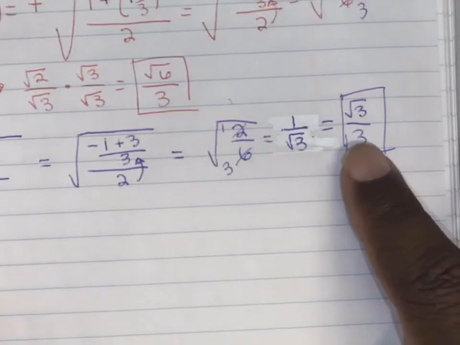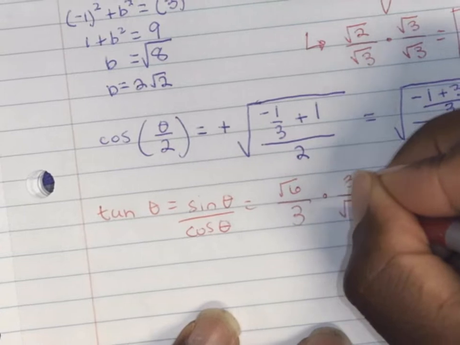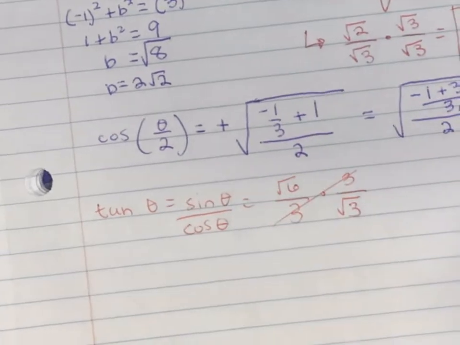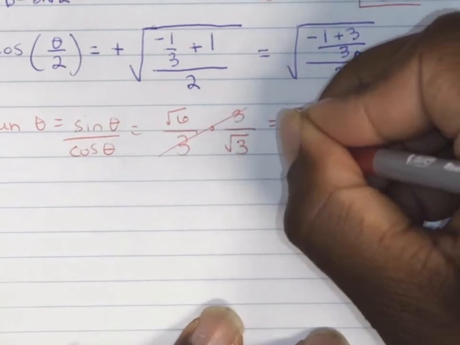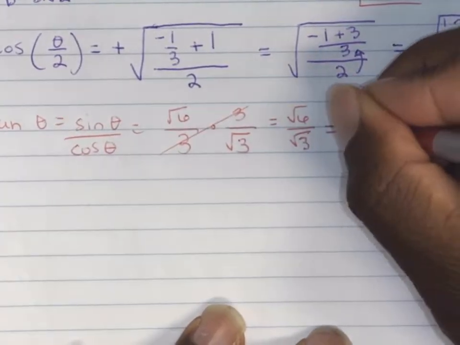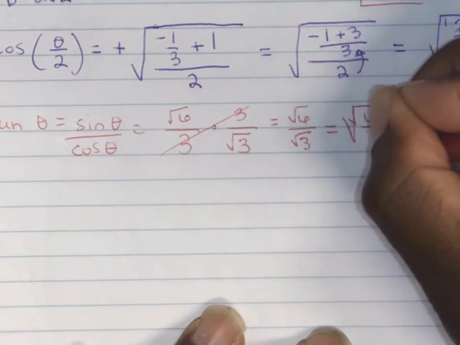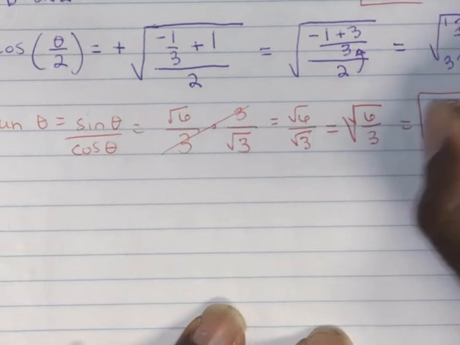So I'm going to go ahead and just keep the first thing. I'm going to multiply by the reciprocal of the second part. So these would cancel. Then I'd have root 6 over root 3. Let me write it like this. And that cancels to be root 2. So if we did it that way, we should get root 2.